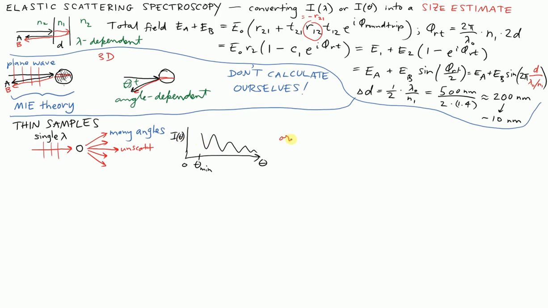Another possibility, though, for your geometry is that you could have the same target sample. You could have the same geometry of a plane wave coming in, but you could have a many wavelength source, like a light bulb.